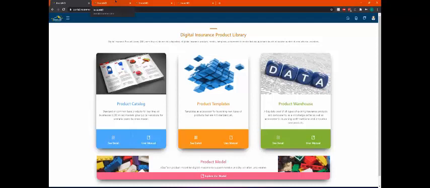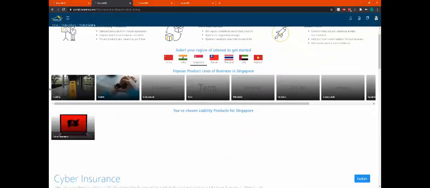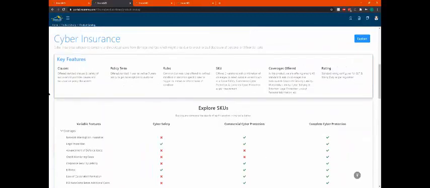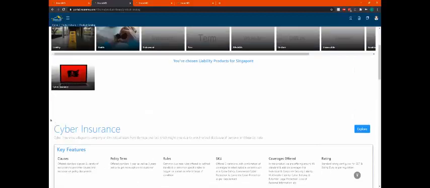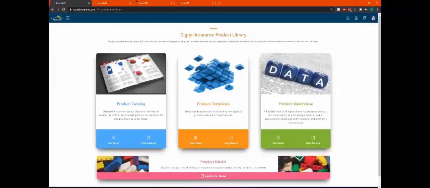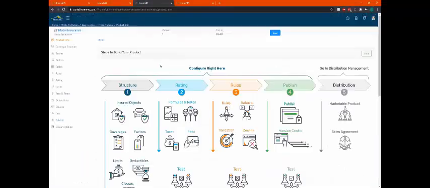You know, what kind of questions you're asking, what kind of data you want to capture, what kind of rules you have in place. And so on Insurmo, you can find a catalog of all these pre-built products, or you can use one of our product design tools to go ahead and build your own product from scratch, right? All of this process is well defined, and you have the screens and other things to be able to do this, and you just work your way down and define the business parameters.